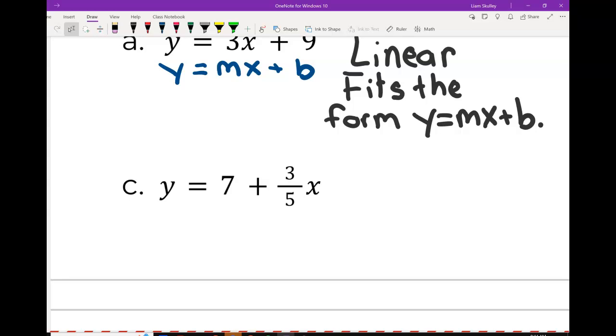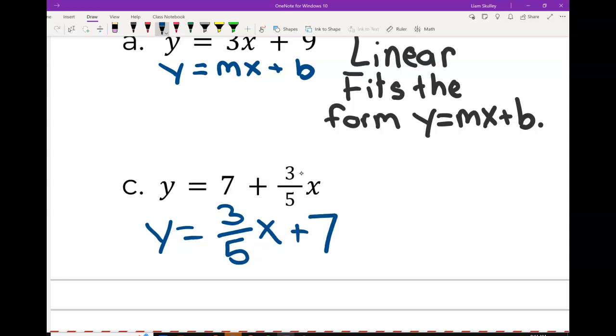It still fits the form even though it's not written exactly y equals mx plus b. We could rewrite it so it looks like that. Y is equal to 3 over 5x plus 7. Now that fits exactly. So we can rewrite an equation for it to fit y equals mx plus b, then we're good to go. So we say this is linear.